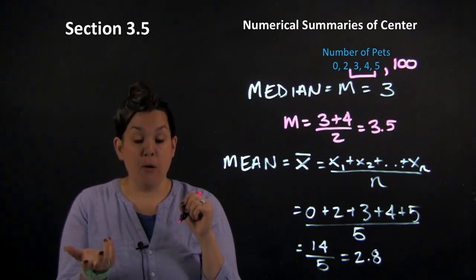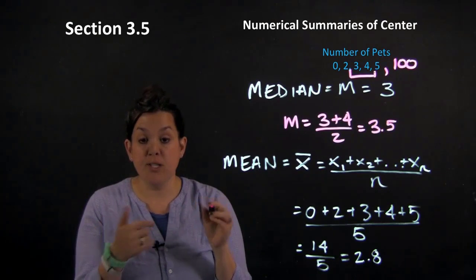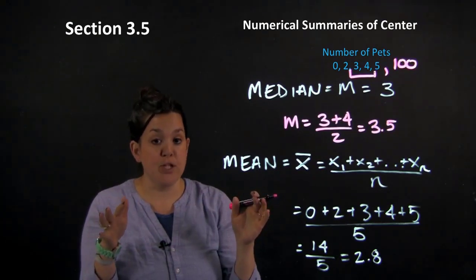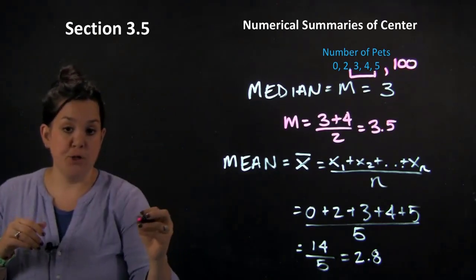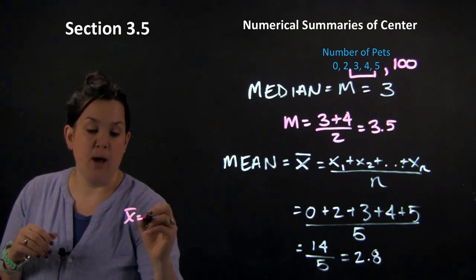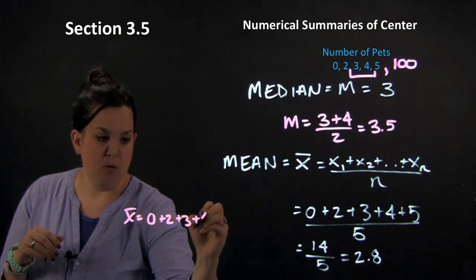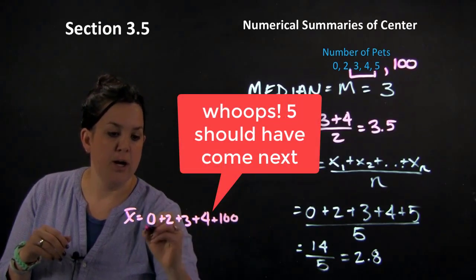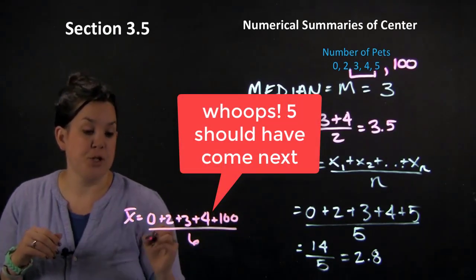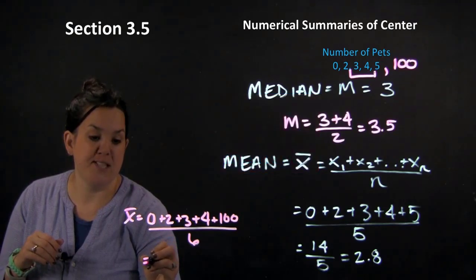Now, if I were to find the mean, I'm still going to add all of my observations, but I want to show you what happens when you do that and an outlier is present. We have 0, 2, 3, 4, and 100. This time, because we added an observation, it's going to be divided by 6.